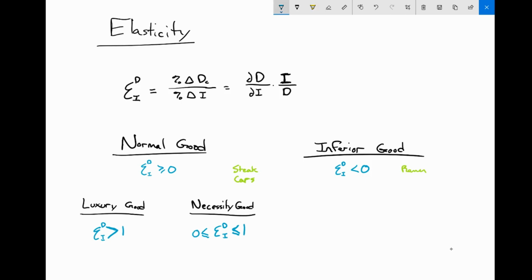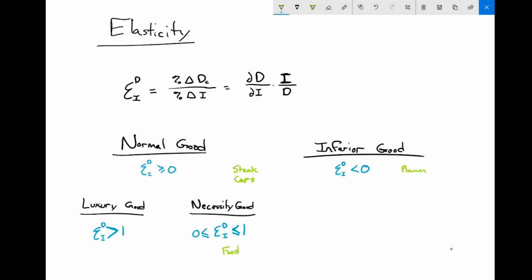So the typical example of a necessity good would be things like food. As your income goes up, you'll probably eat more food and you might eat nicer food, but you're not going to spend all of your additional money on food.